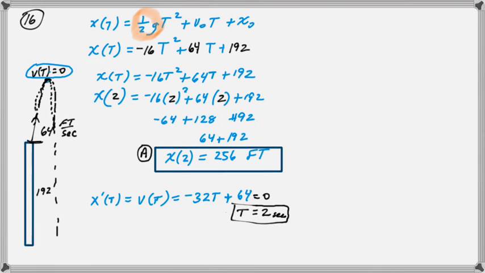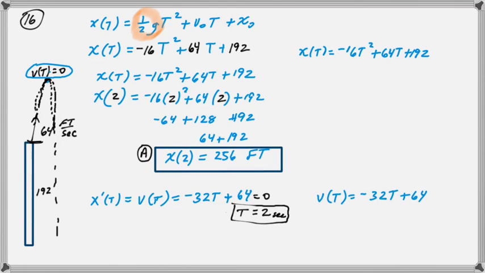Part B asks, find the velocity when it hits the ground. So I'm still going to use my velocity formula, because it's asking the velocity when it hits the ground. Well, I might also need the position function, which is negative 16t squared plus 64t plus 192.